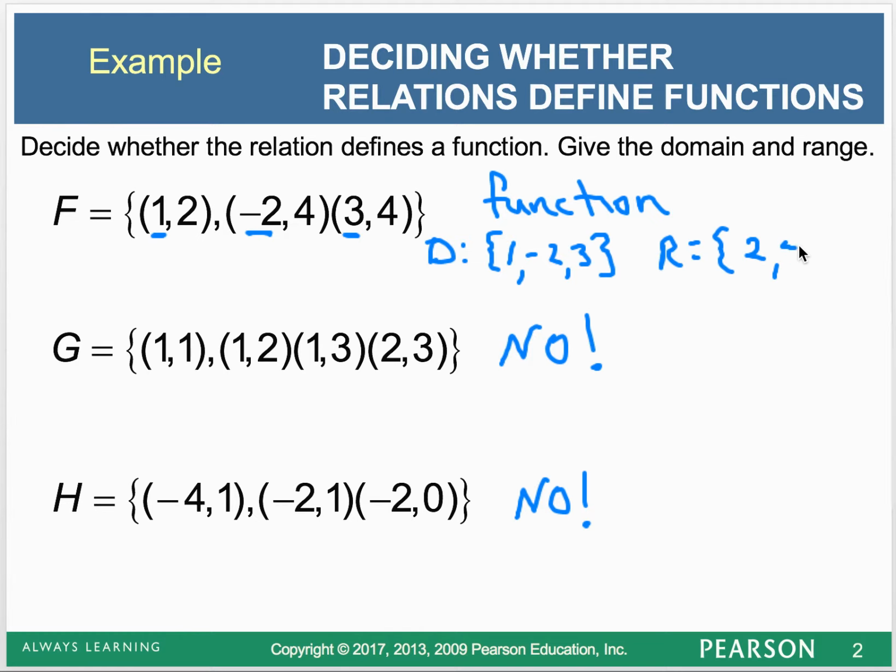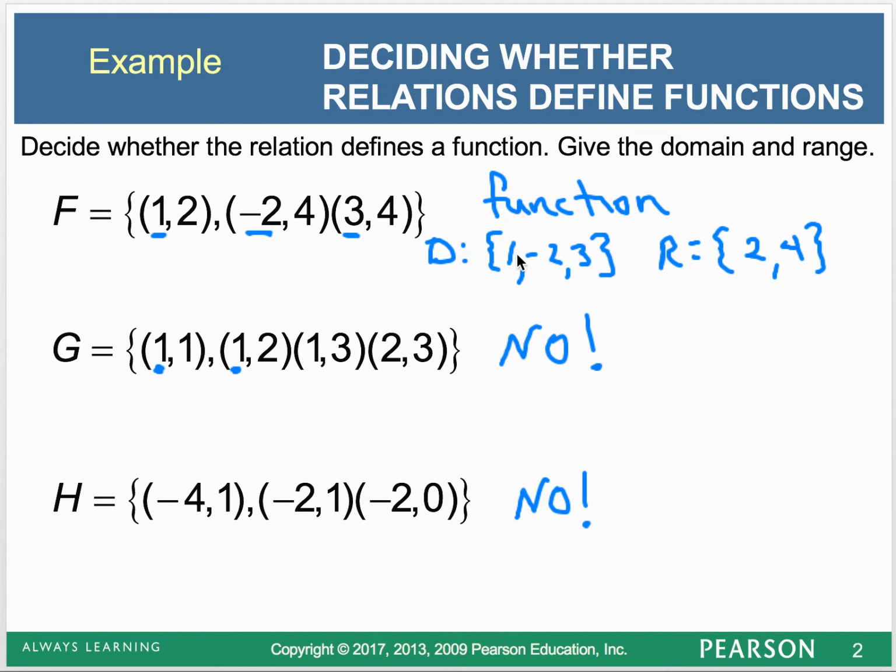I didn't even notice on this first one that two of the x's go to the same y, because I don't care. Every x must go to only one y, but different x's can share a y. So negative 2 goes to 4, and also 3 goes to 4. That's okay. What's not okay is this situation down here where 1 maps to 1 and also to 2.